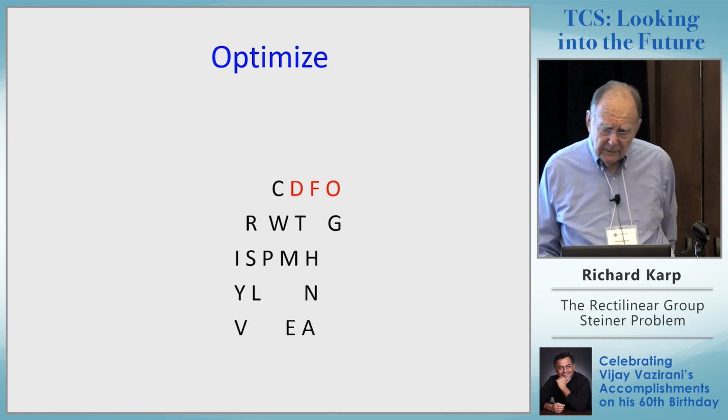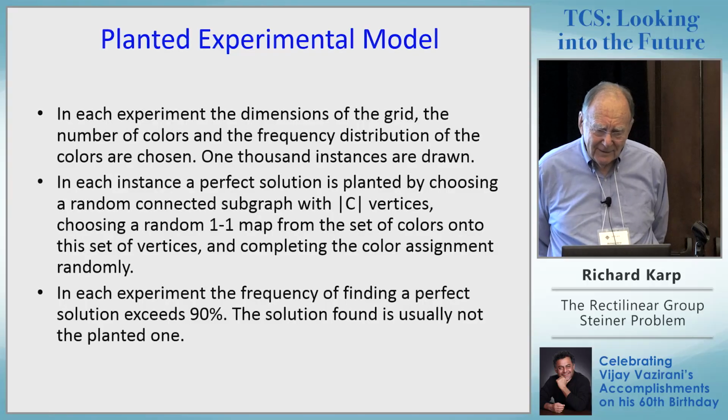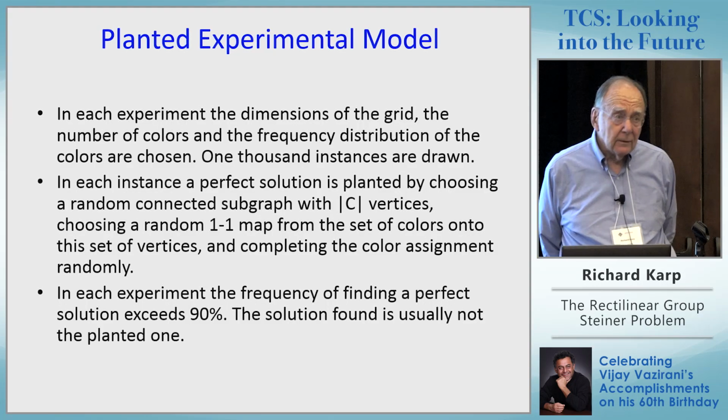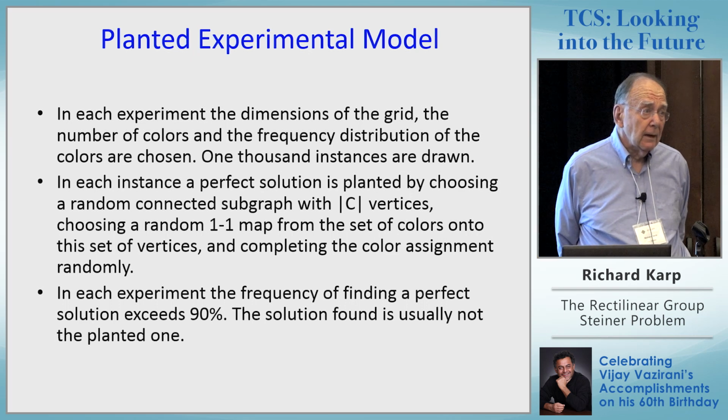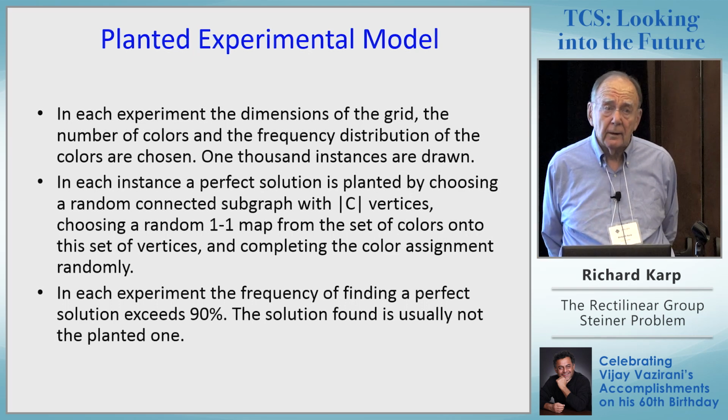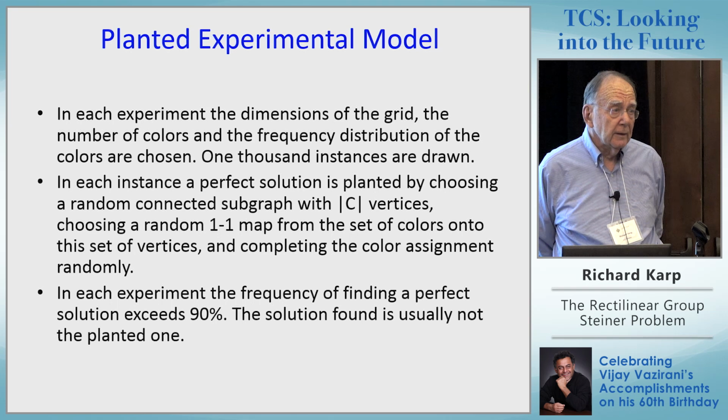And the evidence that the algorithm is good, well, I'm going to skip lots of stuff, I guess everything. The evidence that that solution is good is that with a fairly high frequency, we actually succeed in recovering a perfect solution when one has been planted.